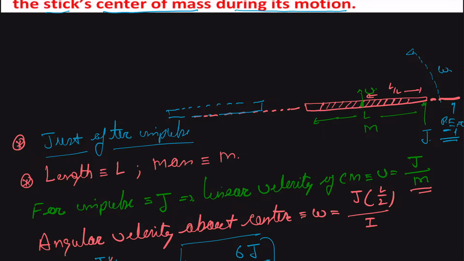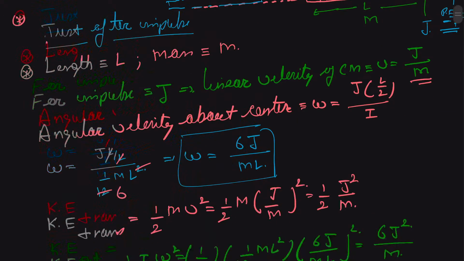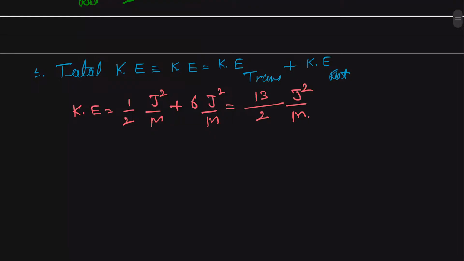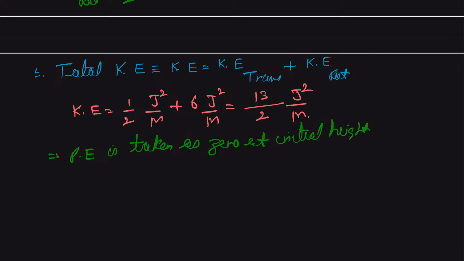So we assume that potential energy is taken as 0 at the initial height. So it means the total energy initially will be entirely the kinetic energy just after the impulse.